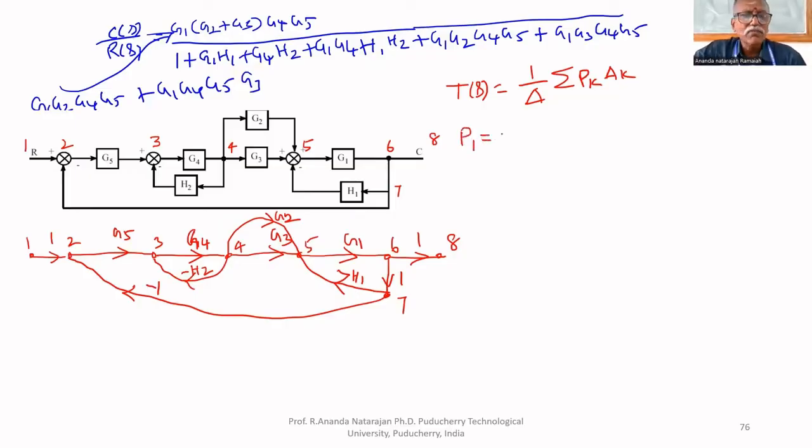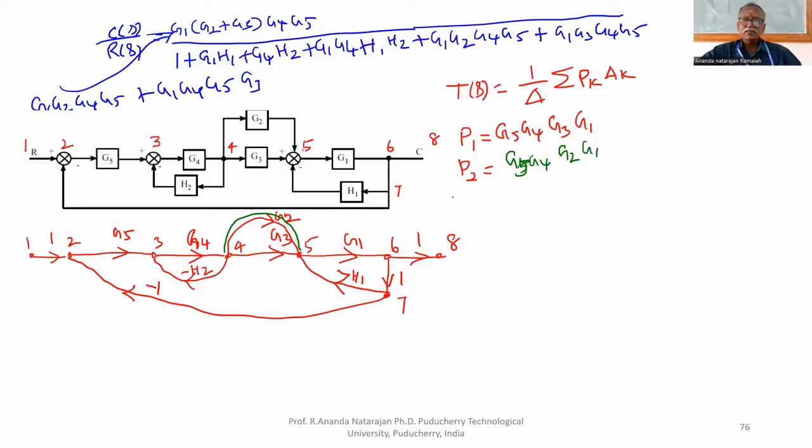Therefore, P1 equal to G5, G4, G3, G1. For the other forward path, P2, we have to go through this path instead of this path. So P2 equal to G5, G4, G2, G1. Only two forward paths.